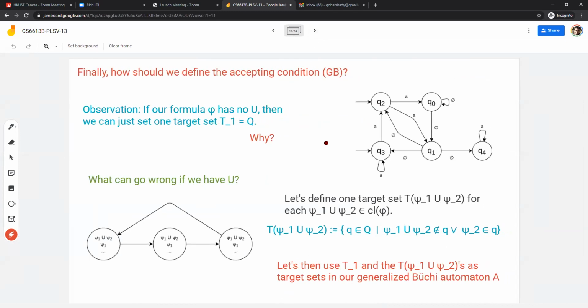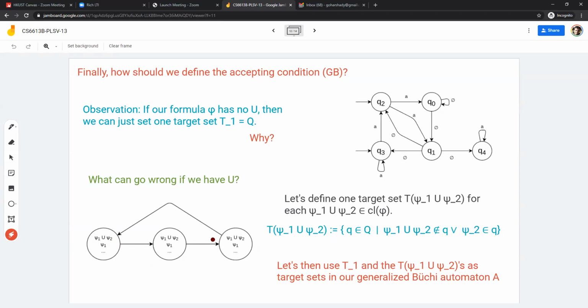And then finally, we had this accepting condition. The accepting condition was that if you have a formula that has until in it, psi1 until psi2, then whenever you get to a state that has psi1 until psi2, you have two choices. You either satisfy psi2 right now, or you go to another state that satisfies psi1 until psi2. But the problem was that you could get into a cycle.